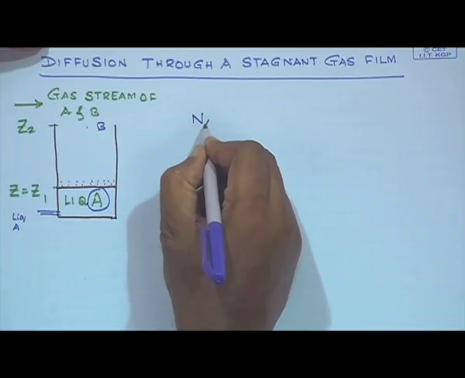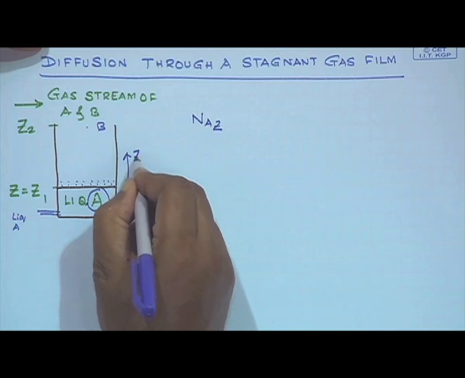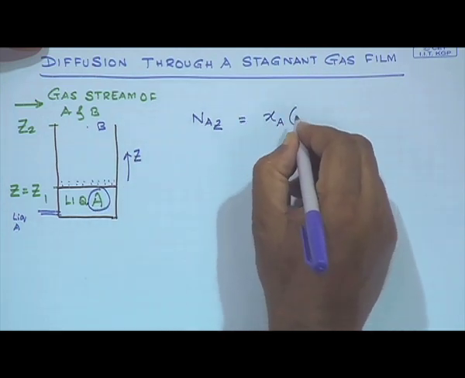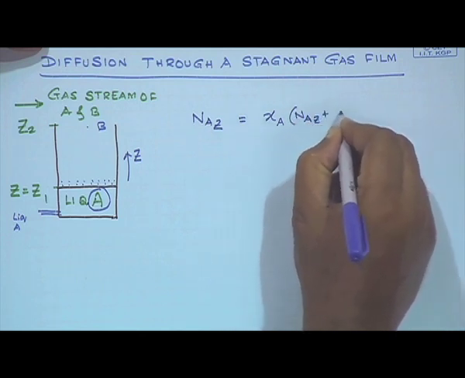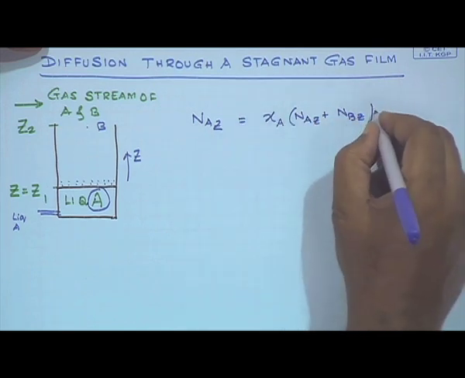So, therefore, the flux of A in the z direction, this is the z direction, from the previous expression which you have seen, is going to be N_Az = (N_Az + N_Bz) x_A minus C D_AB dx_A/dz, where the first term is the convective flux.